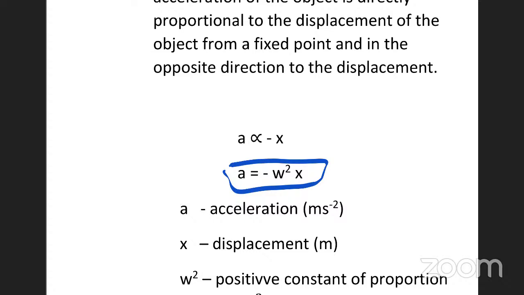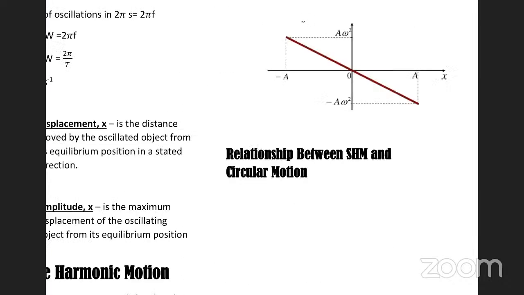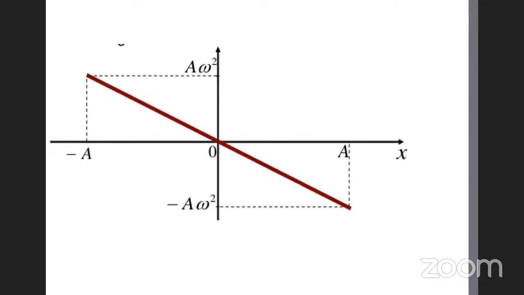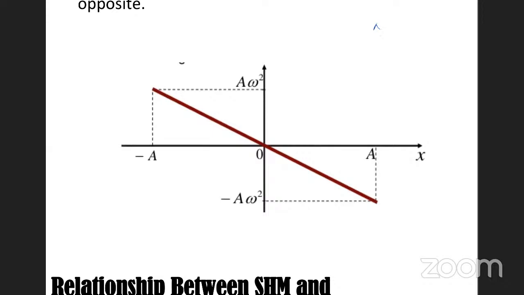Okay, we're almost done. This here is the graph of acceleration versus displacement. Remember we said it's directly related, but when acceleration is positive, displacement is negative. So the graph looks like this, a straight line like that.